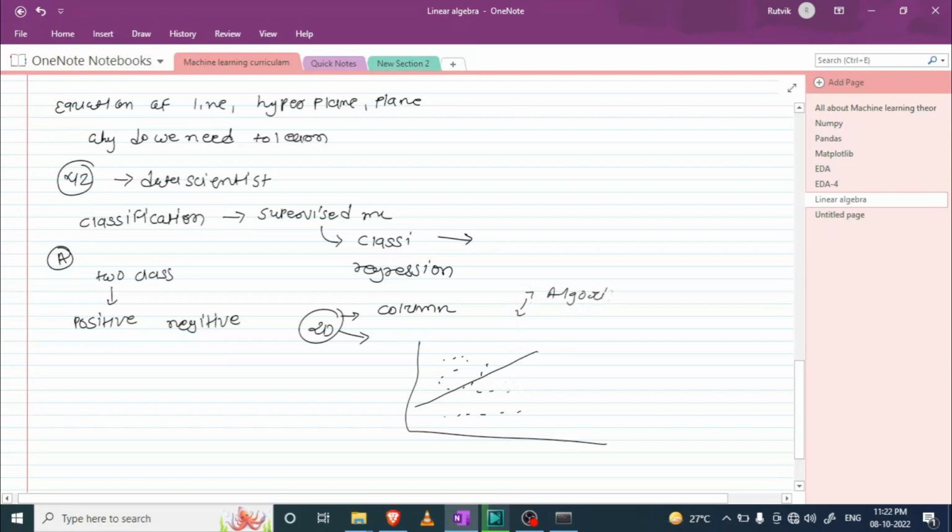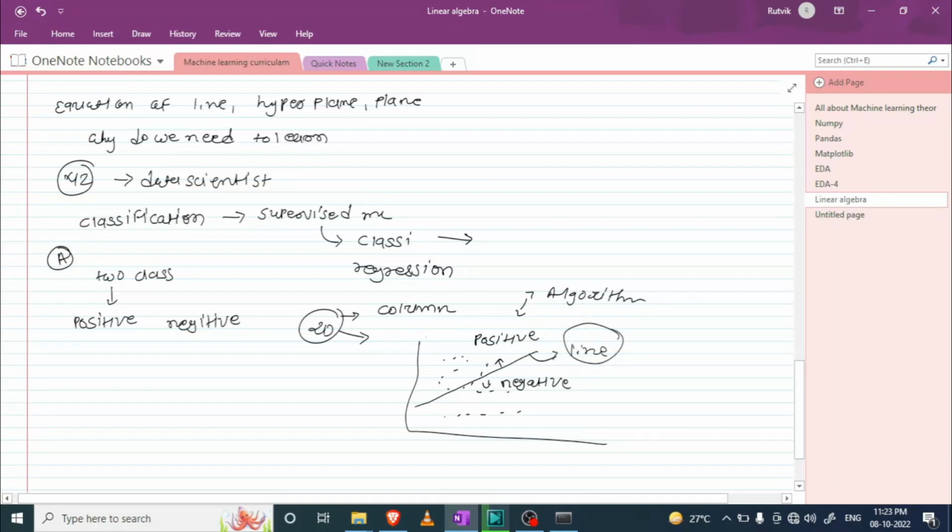Whatever data is placed in the upper part of this line is positive as per your algorithm, and whatever data is below this line is negative. So as per you design this algorithm, you need to create a line.